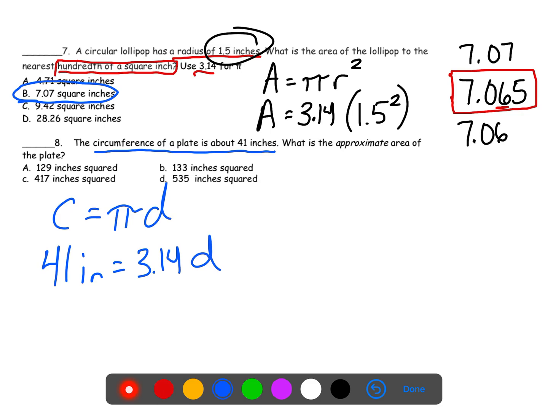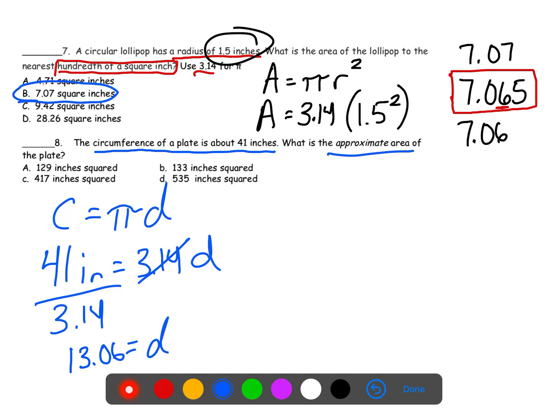I'm going to divide 41 by 3.14, which will tell me what the diameter is. And the diameter of this circle is 13.06. And I believe that had to be rounded. So 2 decimal places is enough for what we're doing here. We're finding the approximate area, so we don't have to be precise here.